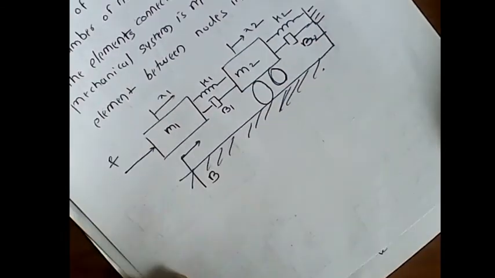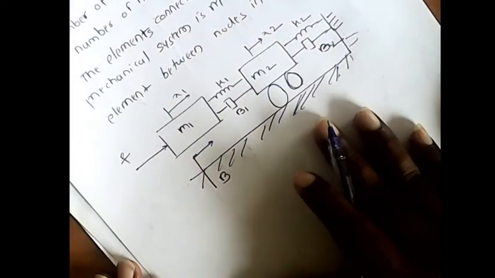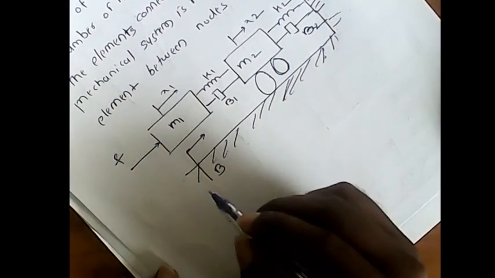So whenever we convert this translational mechanical system into an electrical system by using the force-current analogy, the force is converted into a current source.